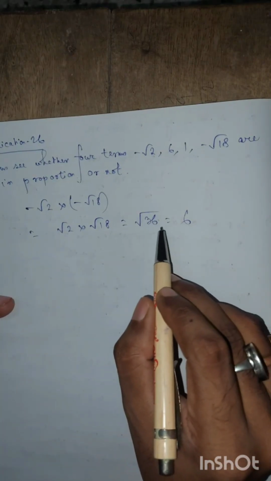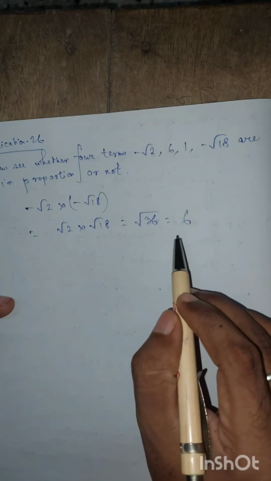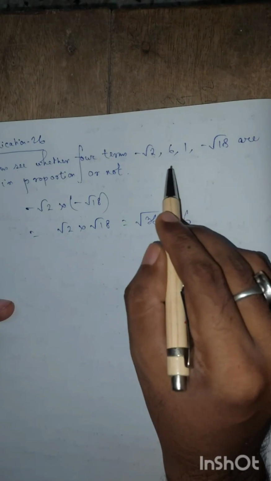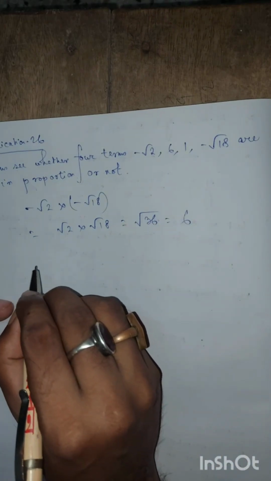Root 36 means plus minus 6, so I am only taking positive 6.